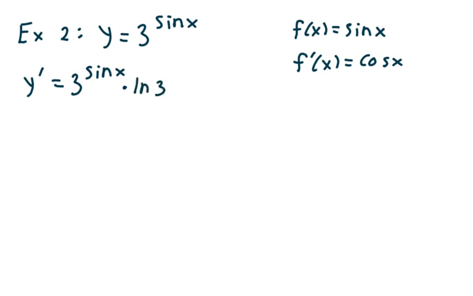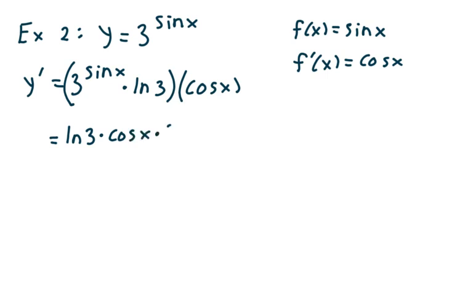But remember, I have to take that answer and multiply by the derivative of sine x, which is equal to cosine of x. Now, if I just rewrite this slightly, I get natural log of 3 times cosine of x, and I'm going to take that answer times 3 to the sine x. That's how the chain rule works.